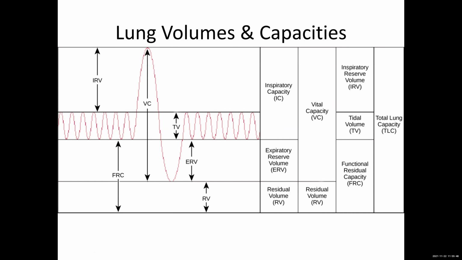But when we do breathe more deeply in and out, we get a reserve. There's some extra space, right? We can breathe more deeply than we normally do. So we have an ability to take an extra deep breath and inhale, and that's called our inspiratory reserve volume. That's room for extra inhalation if we need it, or if our yoga teacher is telling us to.